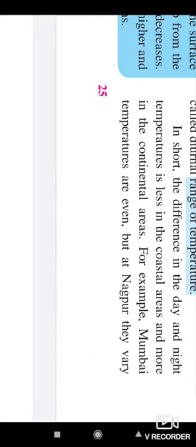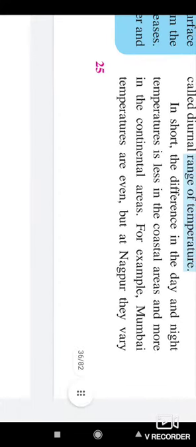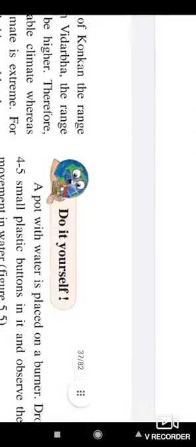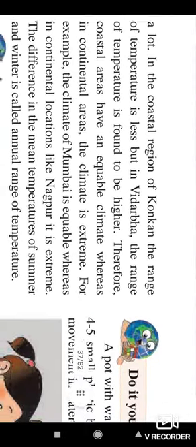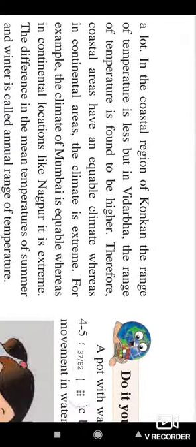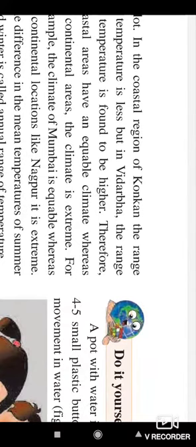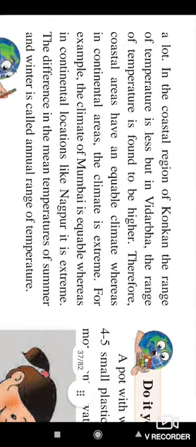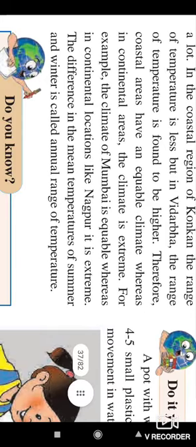For example, Mumbai is situated on the bank of the Arabian Sea, but Nagpur is not. They are in the coastal region of Konkan. The range of the temperature is less, but in Vidarbha the range of the temperature is found to be higher.